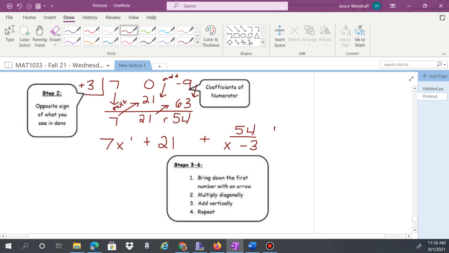So the remainder, and then your denominator. Okay, if the remainder is 0, you don't need to write the 0. So you just have no remainder.